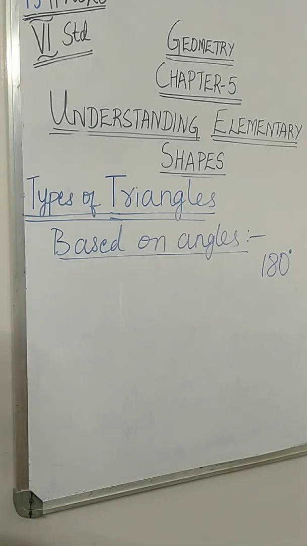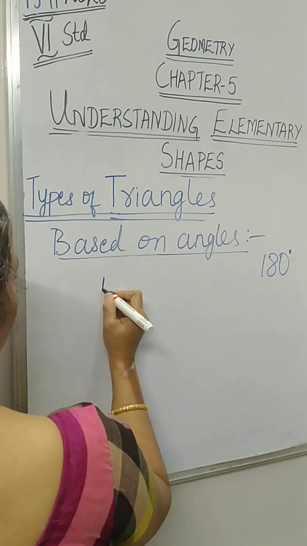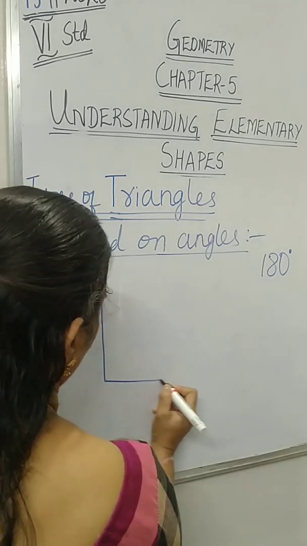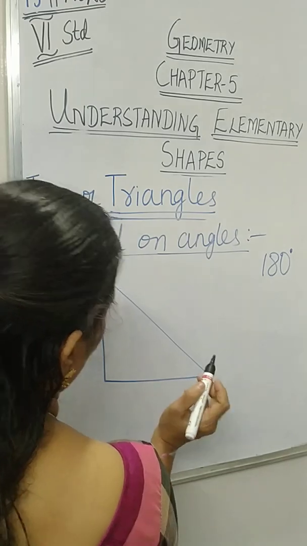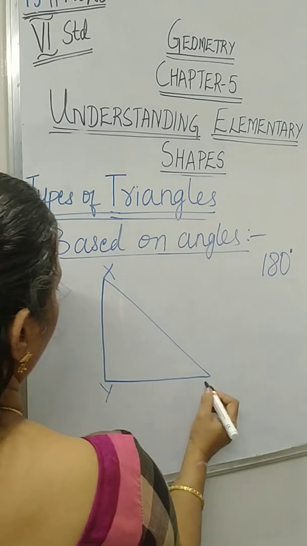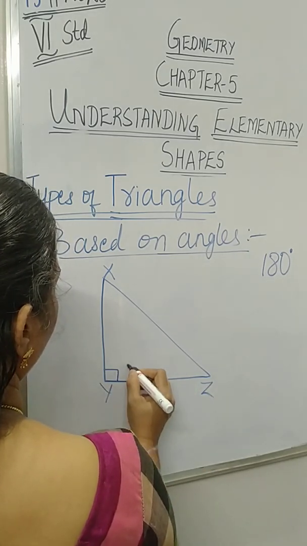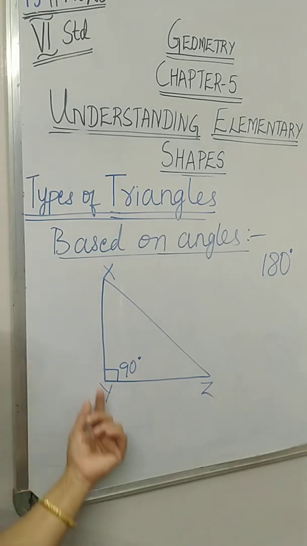The next type of triangle is... I'll give the names for this. X, Y, Z. Here angle is 90 degree. And you can see the shape of it.